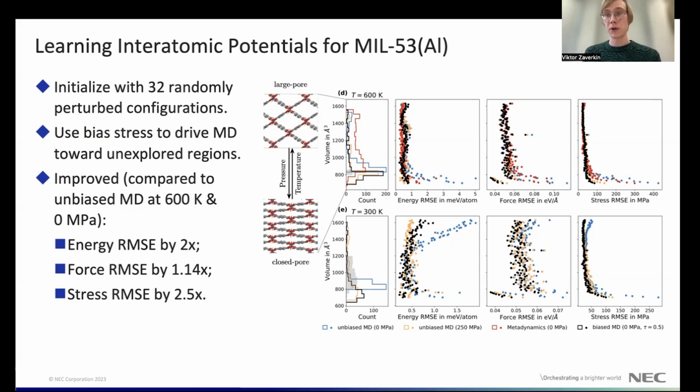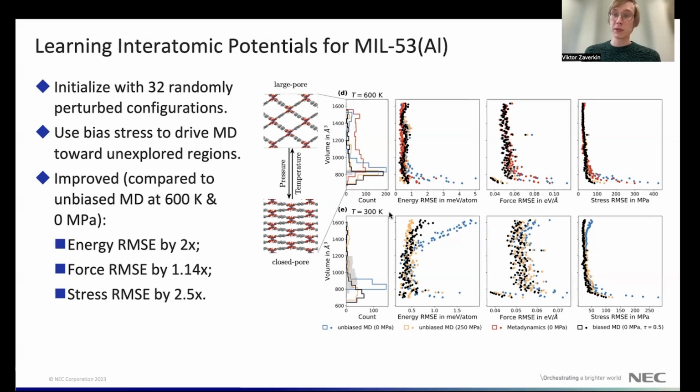And this led us to argue that uncertainty biasing essentially leads to uniform error reduction, while classical enhanced sampling methods such as metadynamics merely want to sample their relevant phase space uniformly.